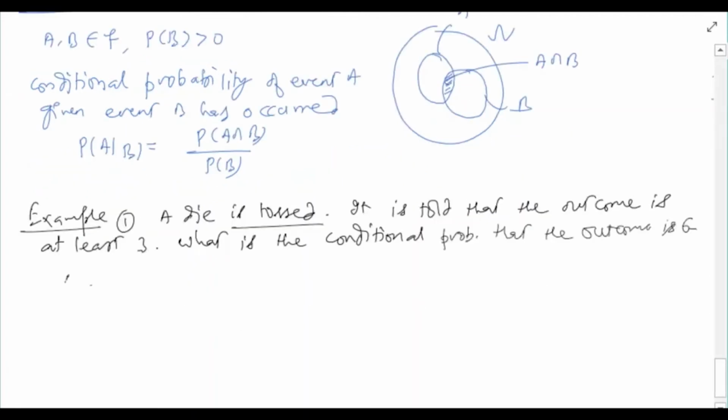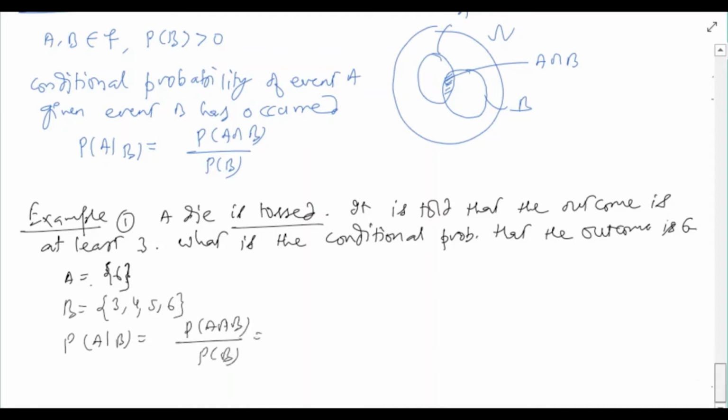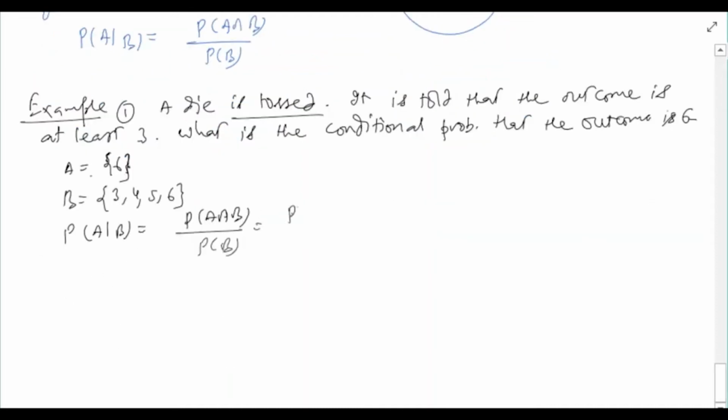Here, if I define event A to be the event that outcome is 6 and B to be the event that outcome is at least 3, then probability of A given B will be probability of A intersection B divided by P(B). A intersection B is the same as A, so this becomes probability of A divided by probability of B. This becomes 1 by 6 divided by 4 by 6. This gives 1 by 4.